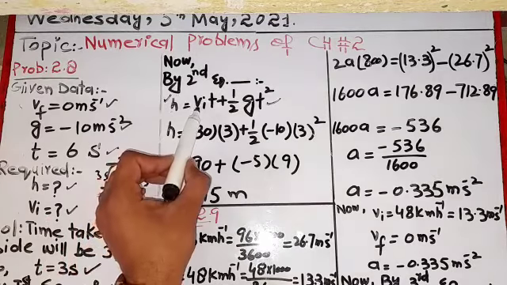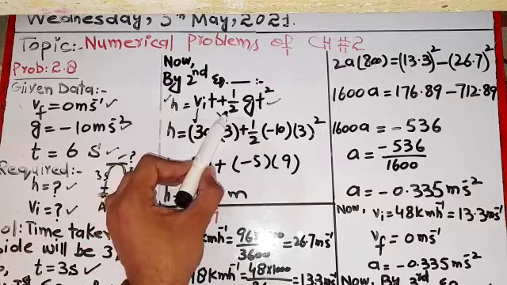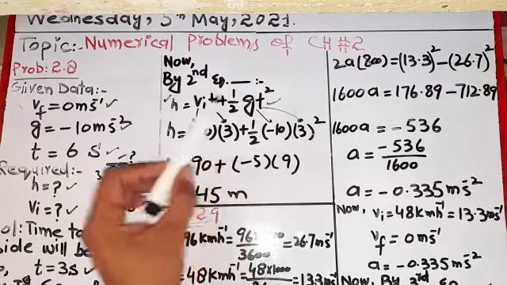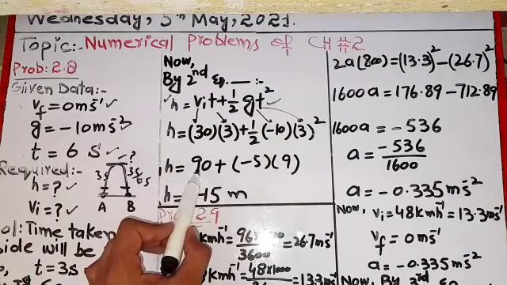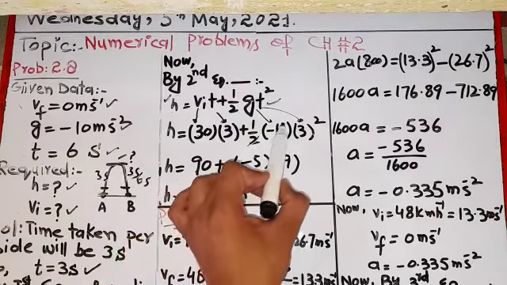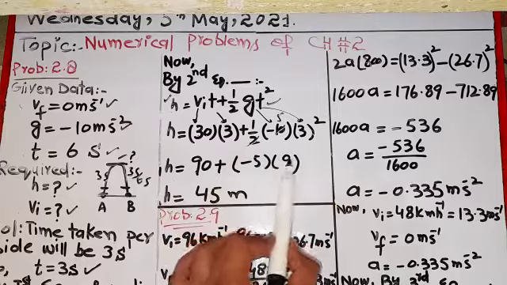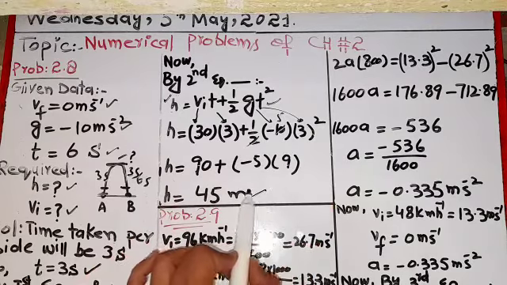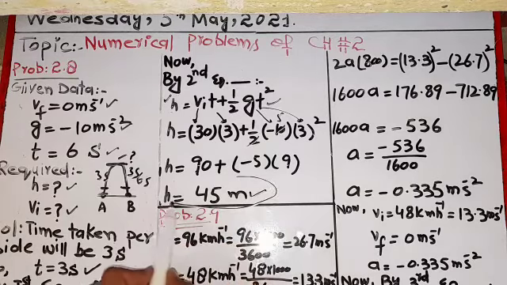Putting the values, Vi is 30 meter per second, time 3 seconds, half, g minus 10, and the time is again 3 seconds. 30 multiplied by 3 is 90. Half of minus 10 is minus 5, 3 threes are 9, 9 fives are 45. 90 minus 45 is 45 meter. Hence, the maximum height of that ball is 45 meter.